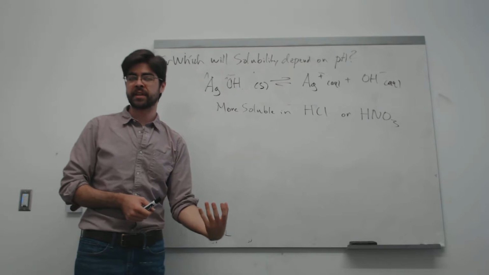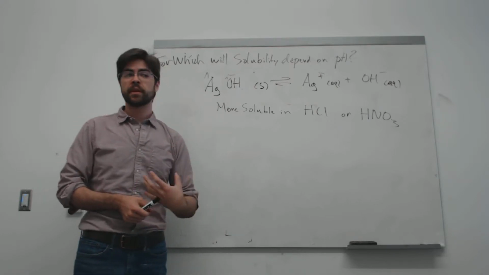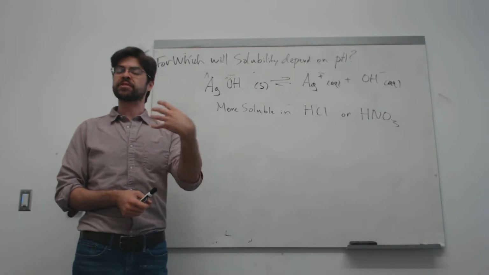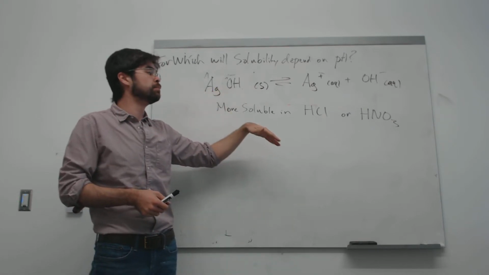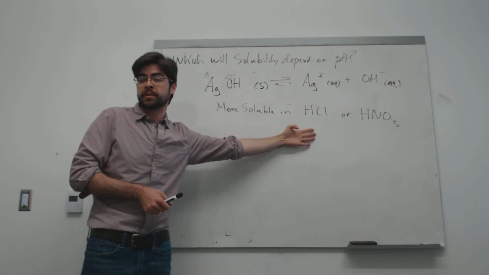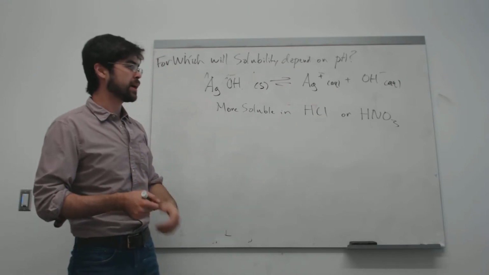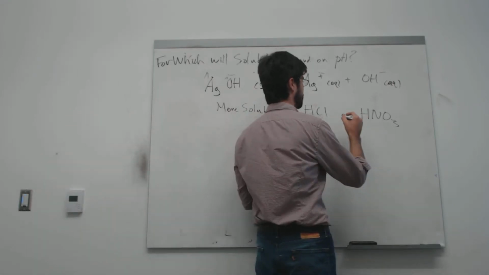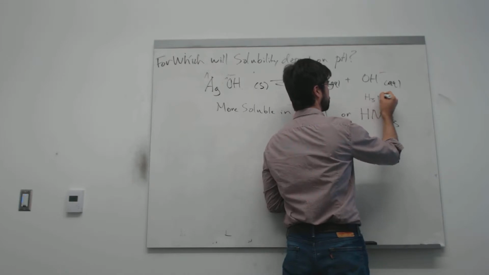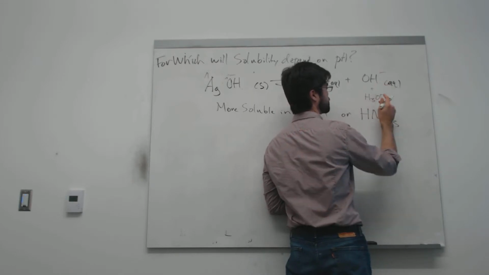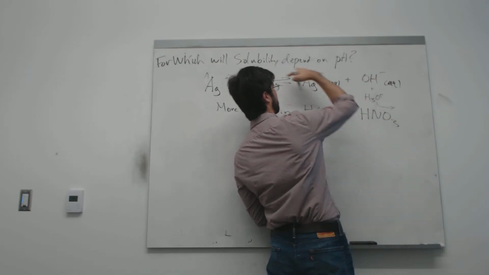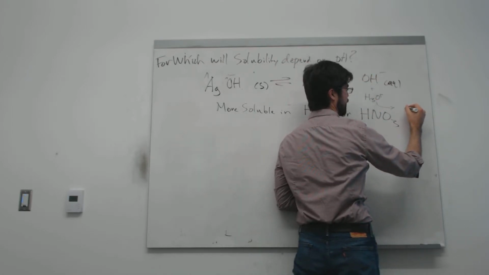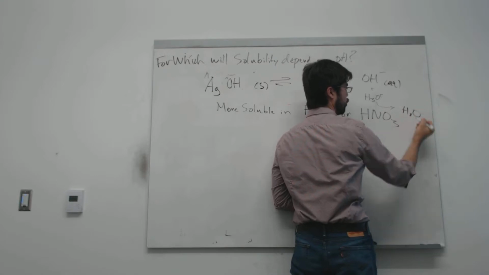So if we assume they have the same concentration, first of all, I expect silver hydroxide to be more soluble in these substances than in pure water. Because, again, these are both acids. They both provide hydronium ions. Those hydronium ions can react with the hydroxide ions from the silver hydroxide and neutralize to make water.